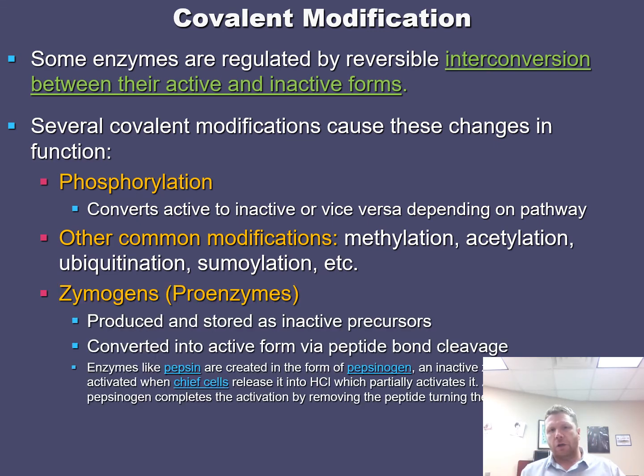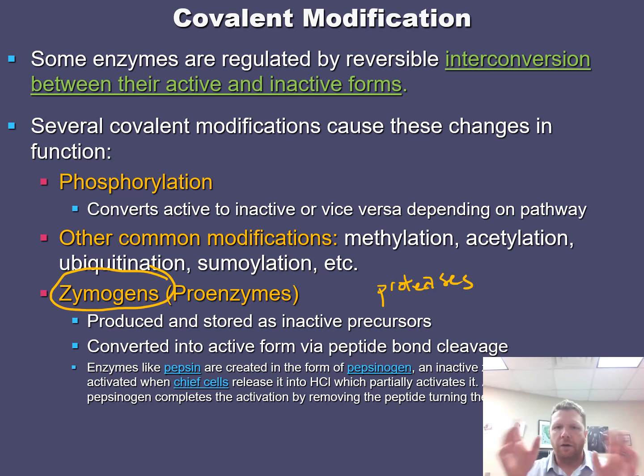Now, one that we haven't talked about is this class of molecules known as zymogens. Zymogens are proteases, but the cool thing about them is that they are inactive. They're not functional as they're produced.